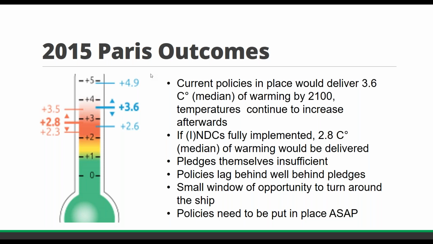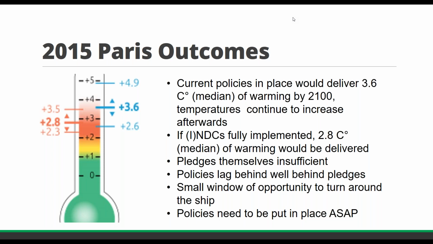If the NDCs were fully implemented now, which many of them are nowhere near being, we will still reach a higher temperature of warming than we've pledged to keep ourselves under. The policies, as said, lag well behind the NDC pledges. We have a small window of opportunity to turn it around.